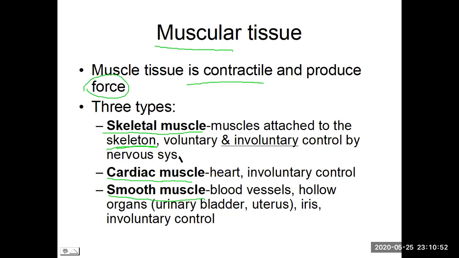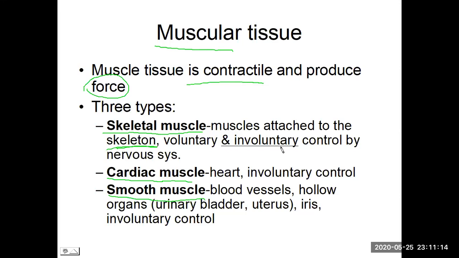A description of this voluntary control, you could say conscious, at will control: if you just want to wave your hand, you just simply think of doing that motion, and you can actively and consciously control that contraction of skeletal muscle to wave your hand.